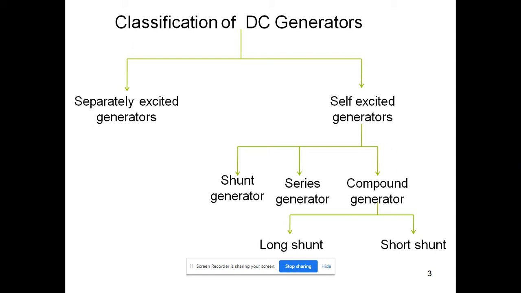I am repeating once again, if the shunt field winding is connected in parallel to the armature, then such a type of DC generators are called as short shunt generators.